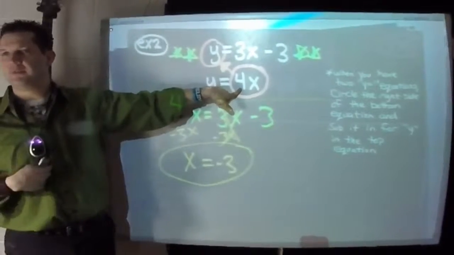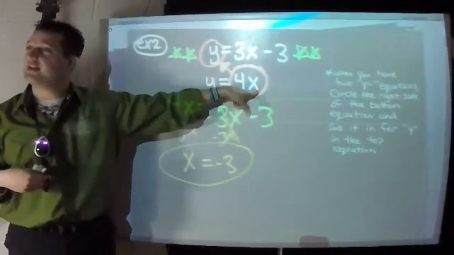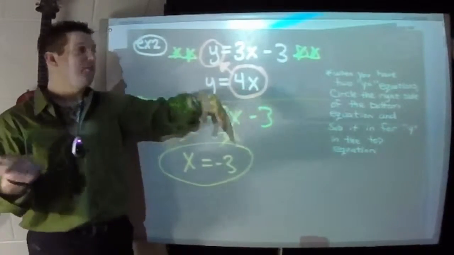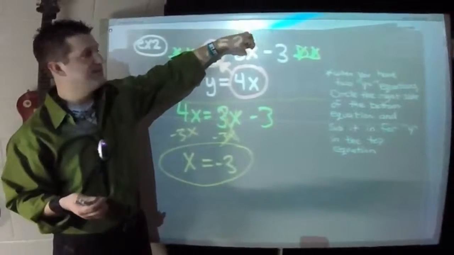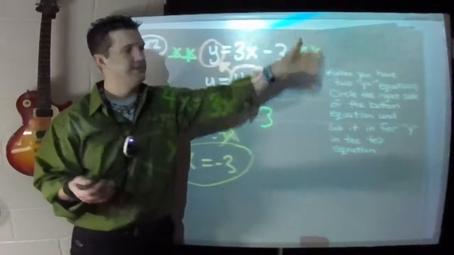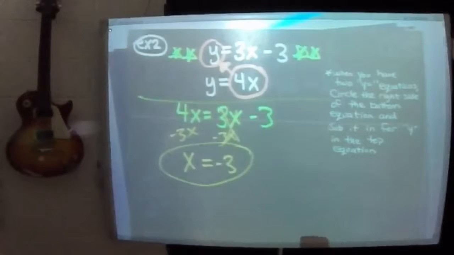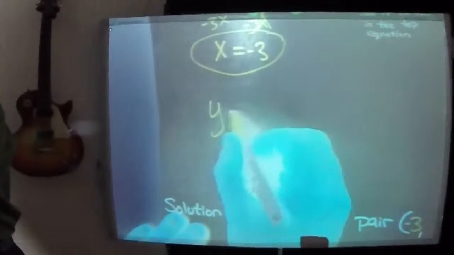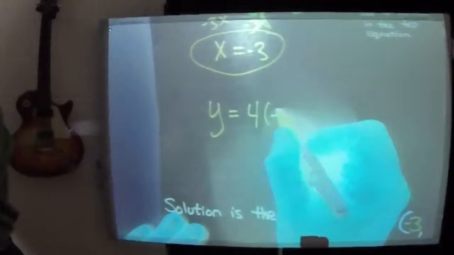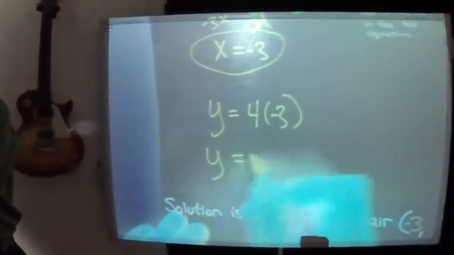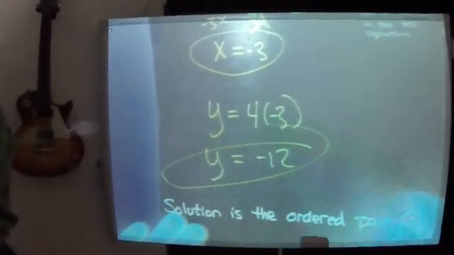The bottom to me would be simpler. So 4 times -3 is -12. But if you thought the top, 3 times -3 is -9, minus 3 would be -12. So then y is -12. So I'm just going to write it right here. y equals 4 times -3. y equals -12. There's your y answer.